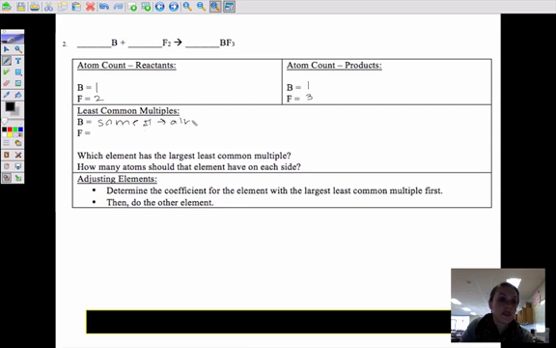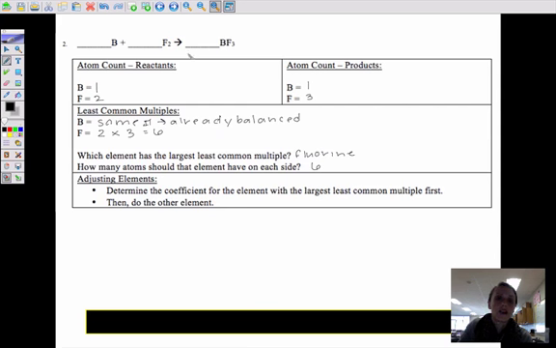It's already balanced. But let's find the least common multiple for fluorine. So I have 2 atoms on the left times 3 atoms on the right, and that equals 6. So which element has the largest least common multiple? Fluorine does. So my goal is to get 6 atoms of fluorine on each side, because that's my answer here.